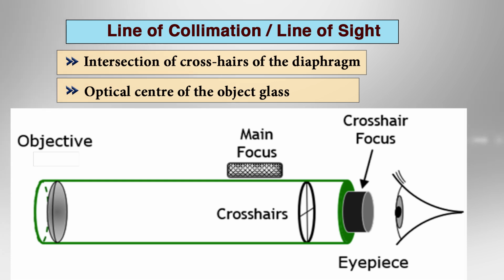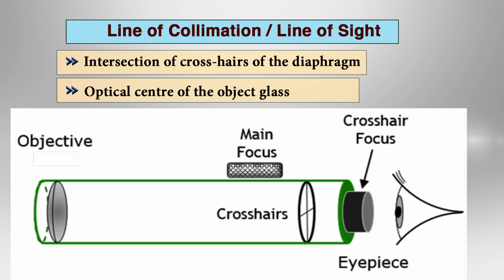In the telescope tube, there is a glass called diaphragm, and on this diaphragm crosshairs are present. Crosshair is obtained by intersection of two very fine lines placed in a common focus of the object glass and of the eyepiece.